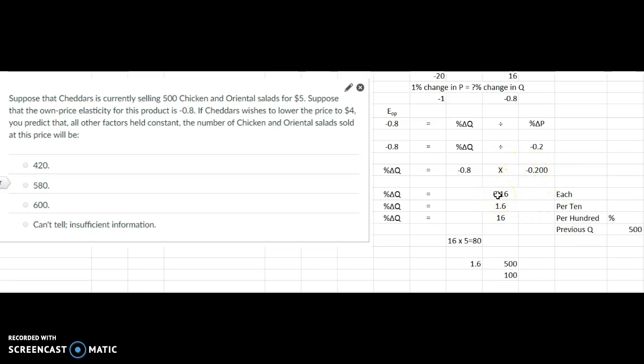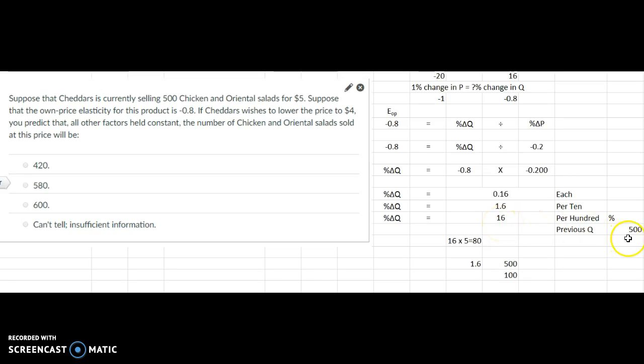So that 16 is not our final answer. That's our 16 per 100. We get 16 of them per 100. Well, how many do we have total in the beginning? We had 500. So if that's 500, we're going to have to multiply this number by 5. So you can see that as I added this up to the percent per 100, we now know that we have 16 of those.